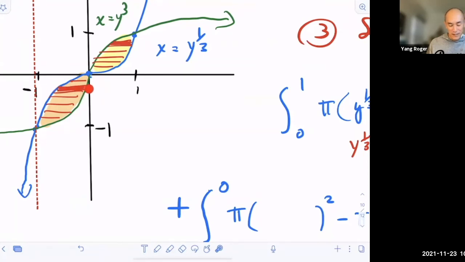But I almost feel like that's what it would be if I was rotating about the y-axis, but I'm rotating about this axis. So I think the easiest way to think about this is to think about taking the green curve, which is clearly R big. I hope you can see that, and subtract it, finding the distance from here to here. And I can find that by just subtracting the two functions, right?